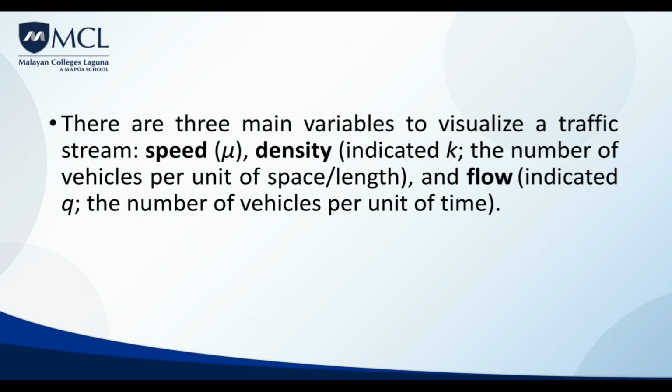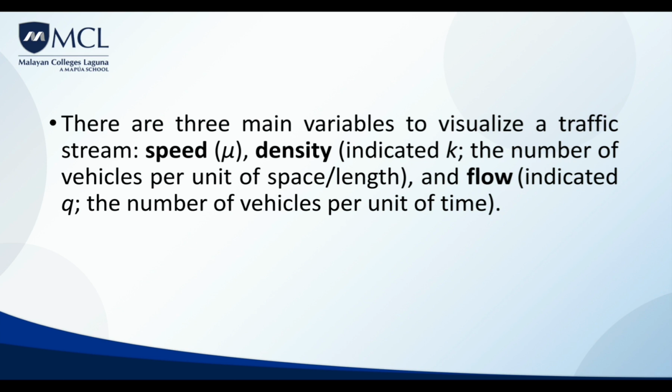There are three main variables to visualize a traffic stream: the speed, the density, and the flow. The speed simply tells how many length of space have been traveled per unit of time.